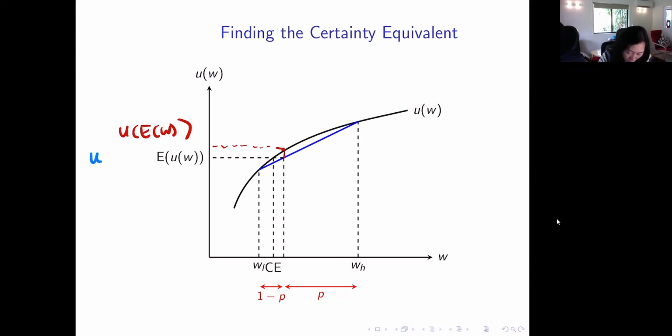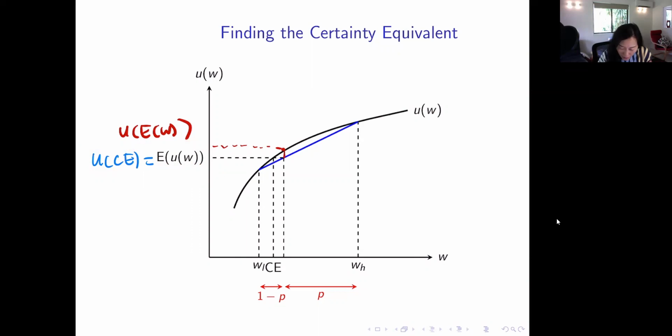So this U of, I would call it U of CE, a little bit smaller. U of CE has to be equal to the expected utility value, because this is the expected utility of the gamble, right? This is the utility of the money that you would like to be compensated, so that you are indifferent between the sure thing and the gamble.